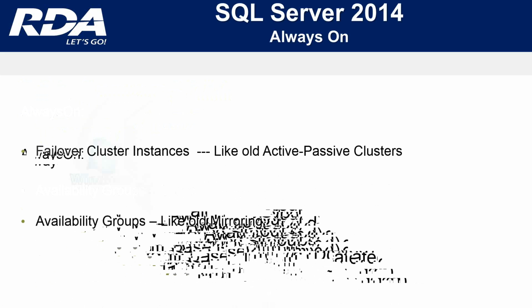Here we have a diagram of failover cluster instances and availability groups used in conjunction with Azure. This will allow you to create a low-cost backup, high availability and disaster recovery solution using Azure. As you can see, we have an on-premise failover cluster instance.